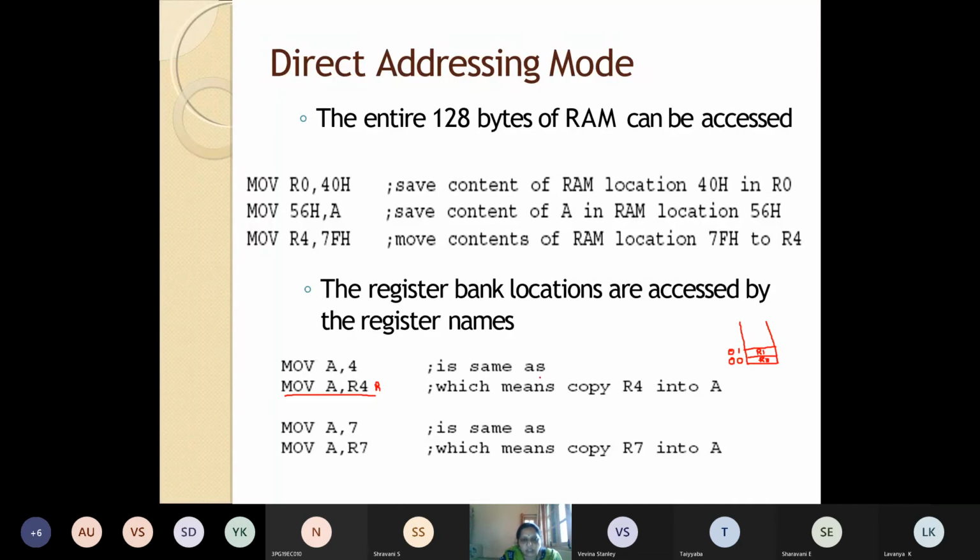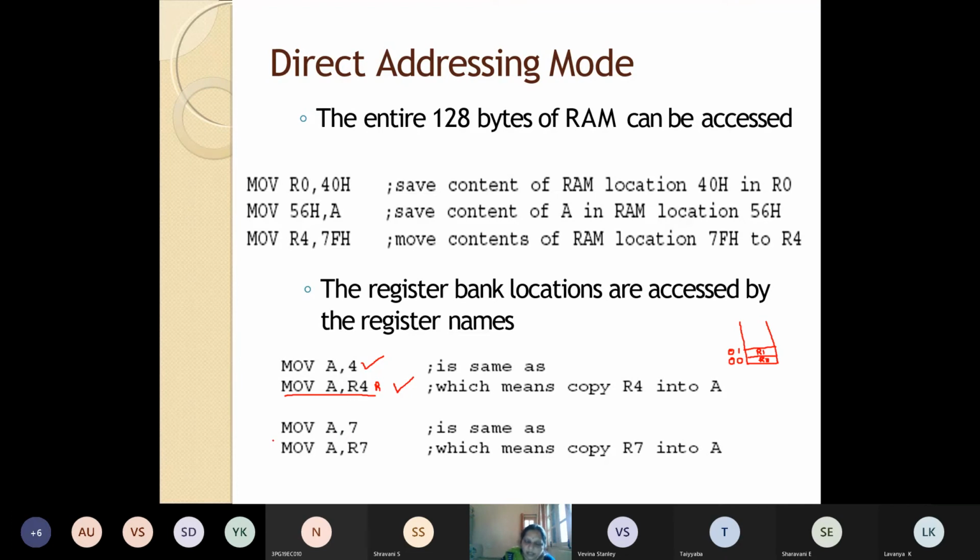MOV A, 4 is the same as MOV A, R4. So MOV A, 7 is the same as MOV A, R7. The content of register R7, or memory location 7, is copied to register A. Both mean the same.